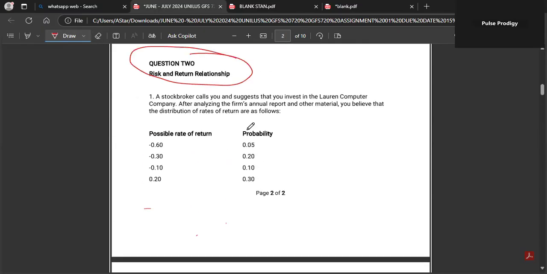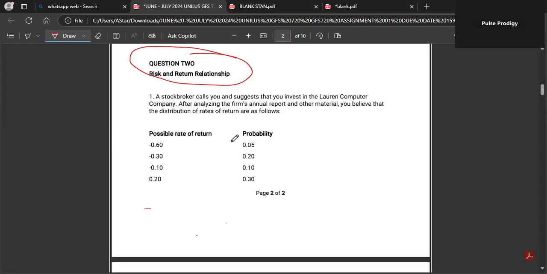Now, we have been given this question too, that says, a stockbroker calls you and suggests that you invest in a Lorraine computer company after analyzing the firm's annual report and other material. You believe that the distribution of rates of return are as follows.